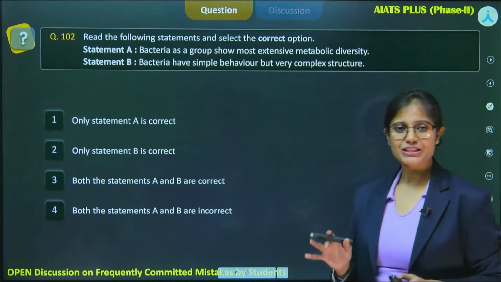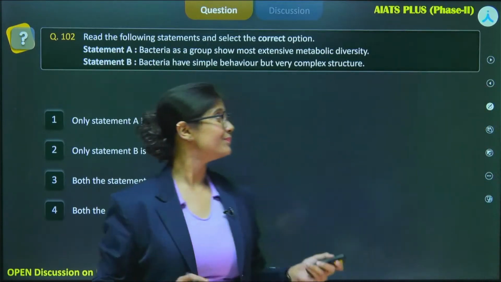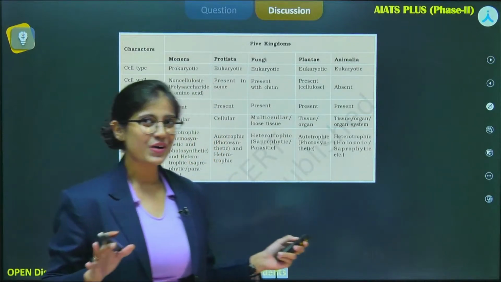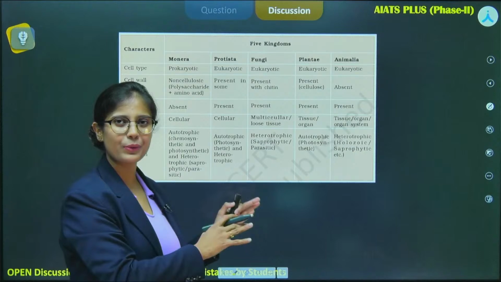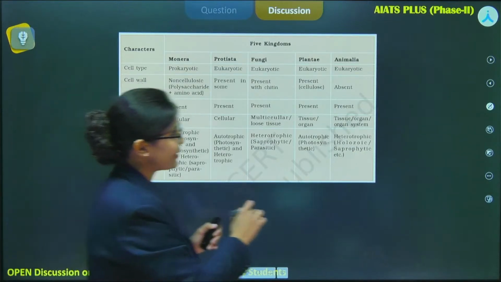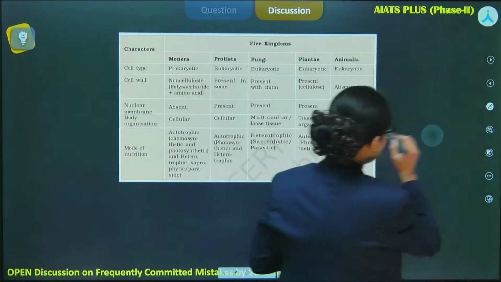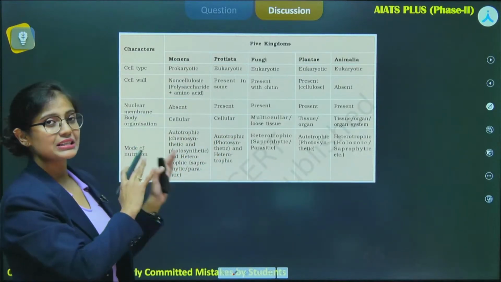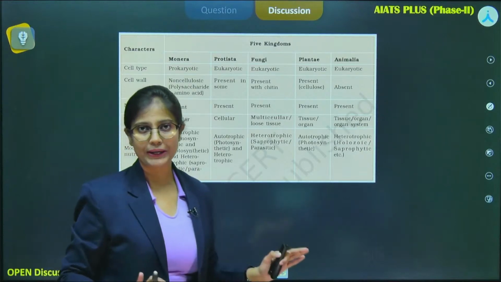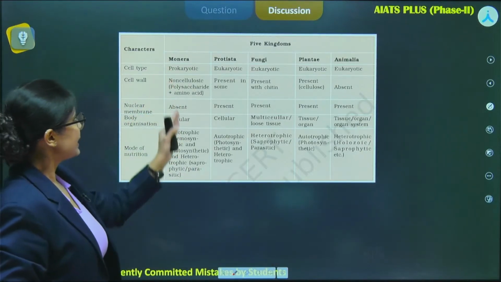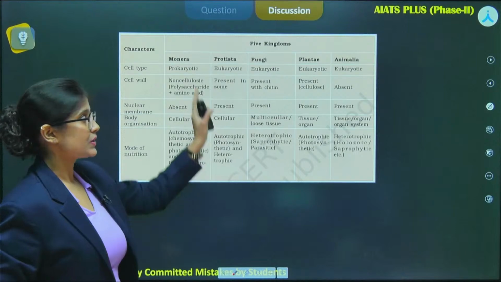Bacteria is the sole member of kingdom Monera. According to R.H. Whittaker, a very beautiful classification system which is given in the NCERT, which I have taken here. So, if we talk about this five kingdom classification, which is basically given by R.H. Whittaker.